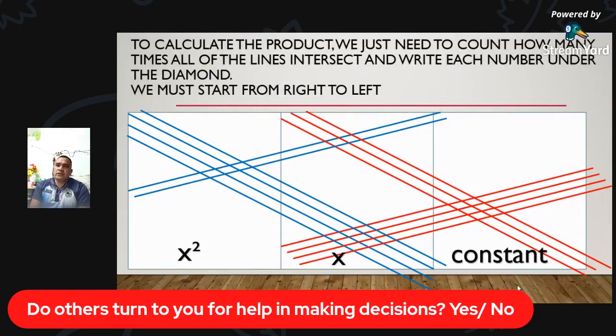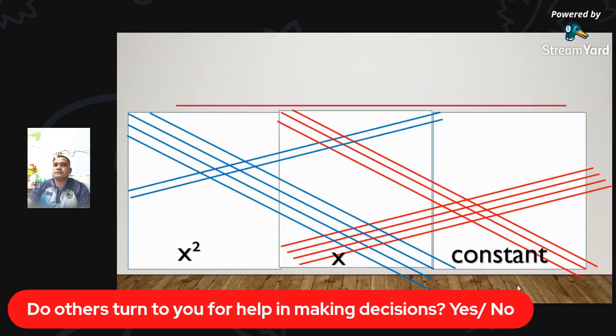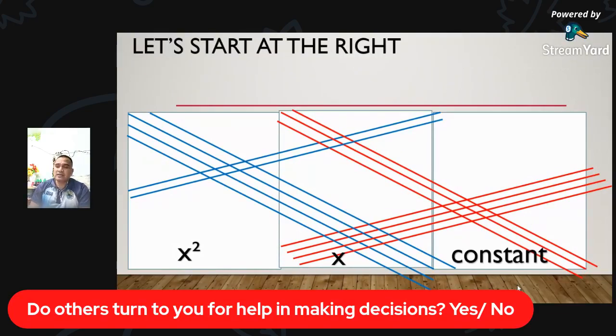To calculate the product, we again need to count how many times all the lines intersect and write each number under the diamond. We must start from right to left. So let's start again on the right. 1, 2, 3, 4, 5, 6, 7, 8, 9, 10, 11, 12.